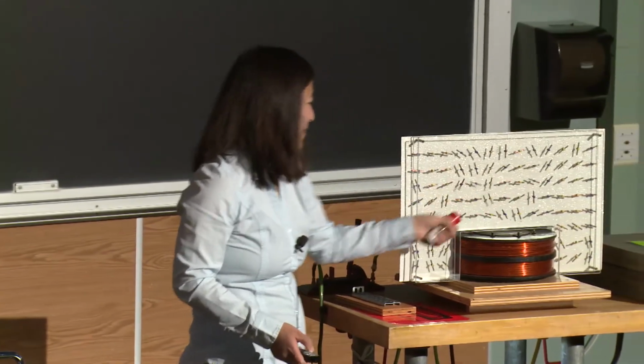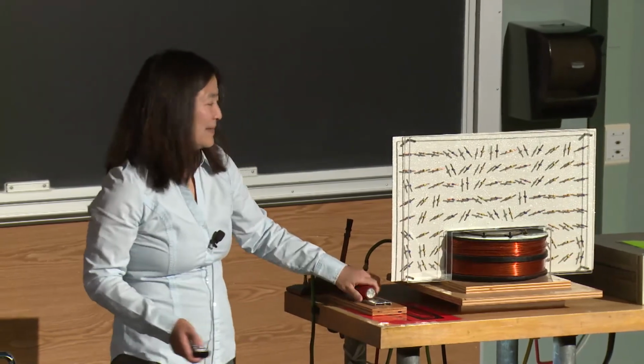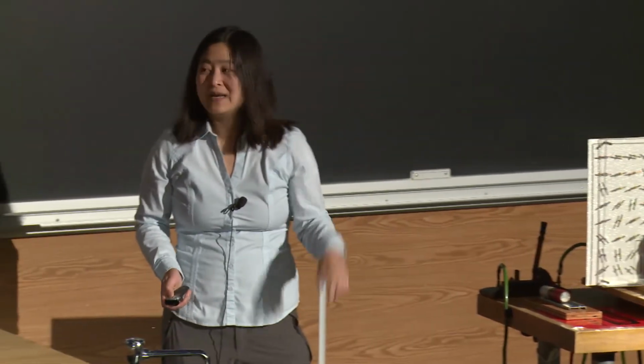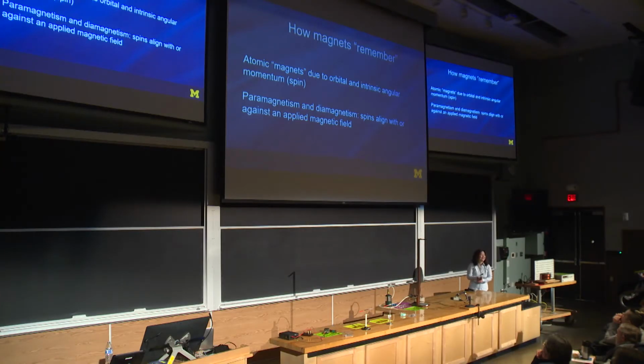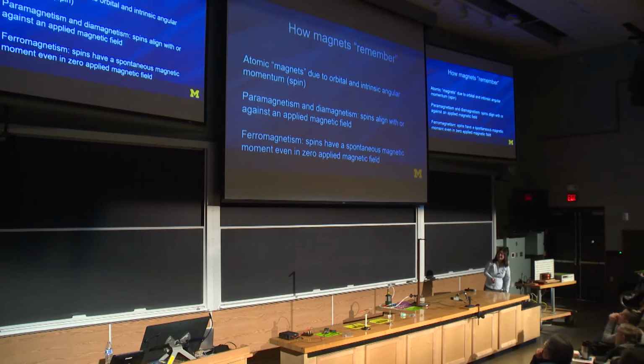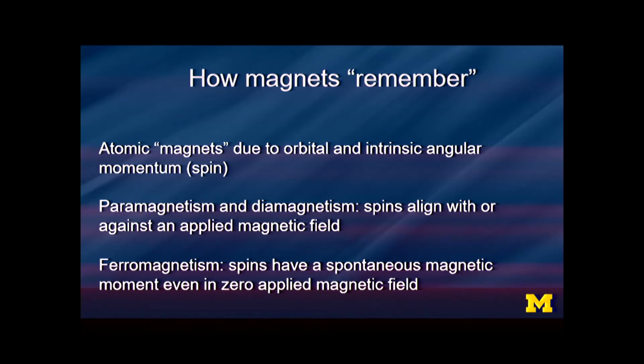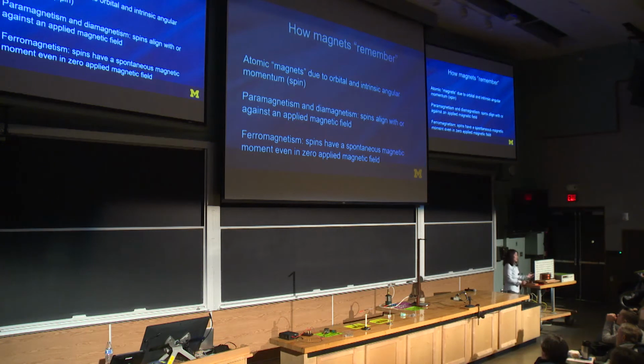Either this permanent magnet or this solenoid can cause those spins to either align with the magnetic field or against the magnetic field. We have special words for with or against: paramagnetism and diamagnetism. But the one that's a little bit more interesting for magnetic storage is ferromagnetism, which is where the spins, even without an external magnetic field, cause each other to align.